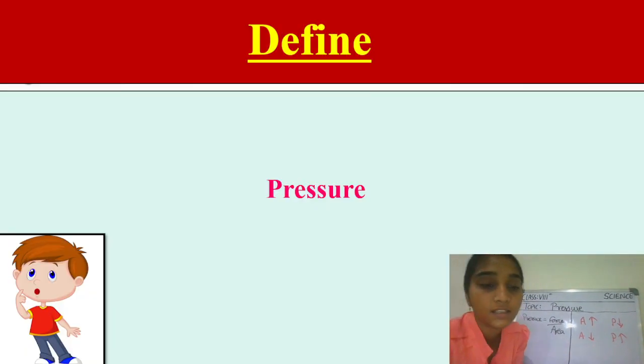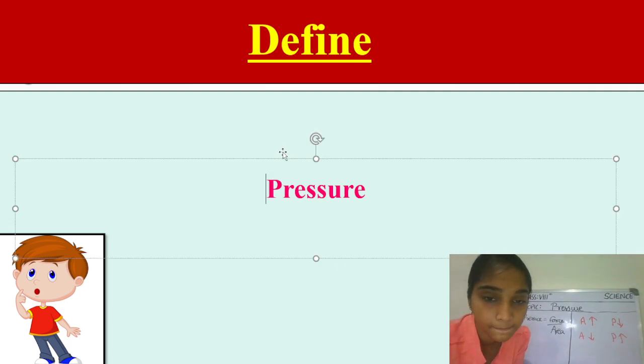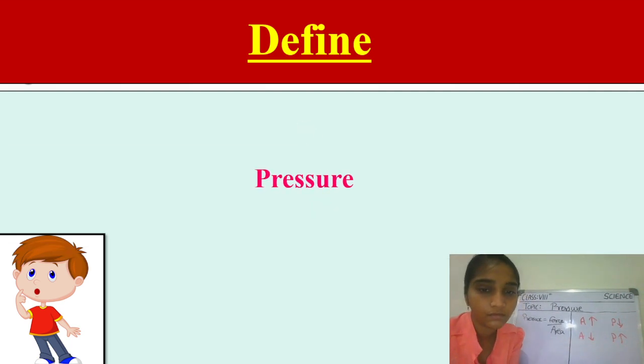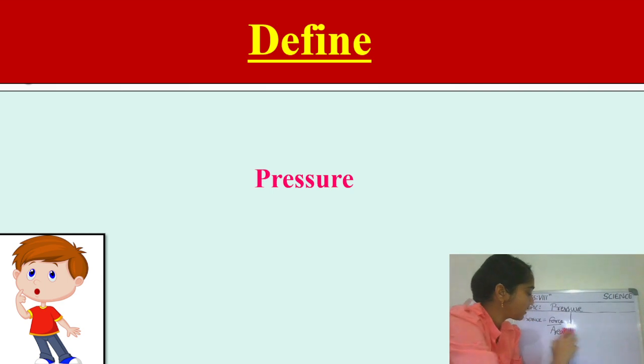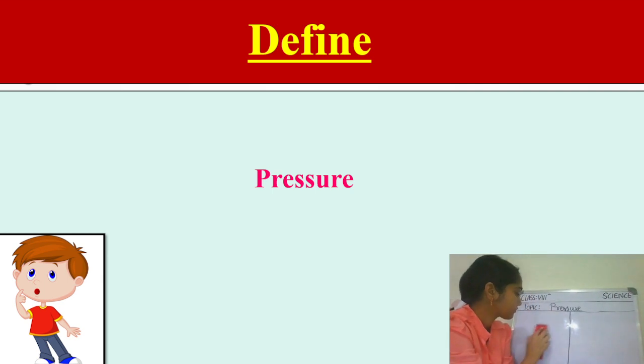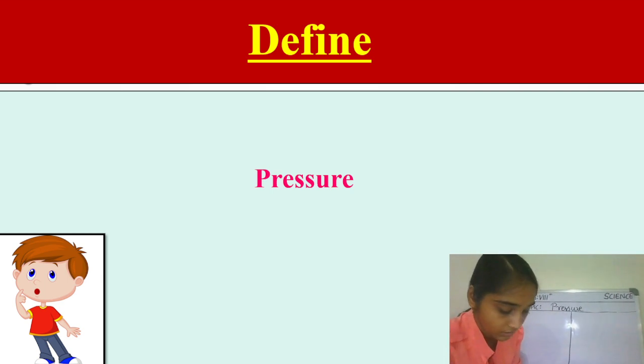So now students, it's your time to define what is pressure. You can define it at your own places, or you can write your answers in the comment sections. What is pressure? Yes, pressure is defined as the force acting on an object per unit area.